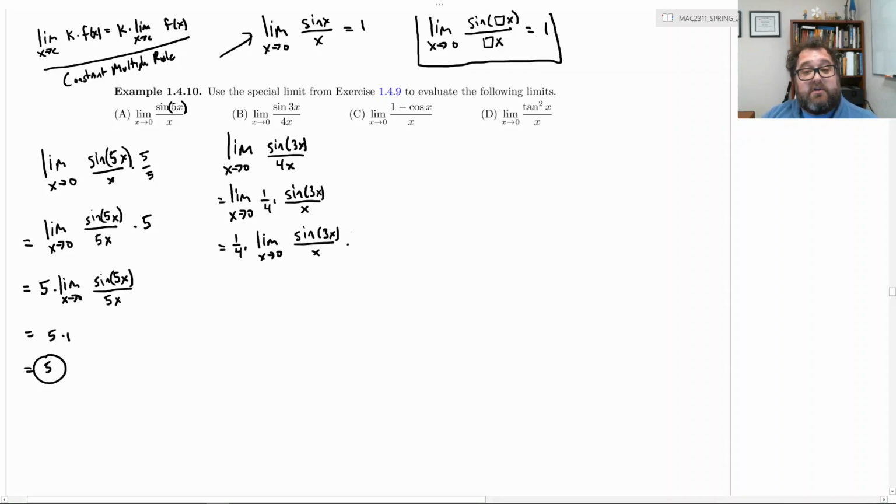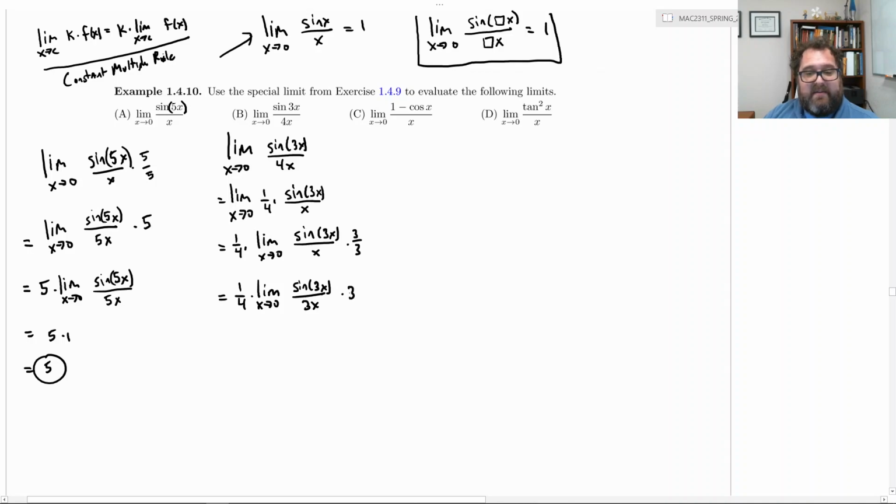Well, we strategically multiply by 1, i.e. 3 divided by 3 is equal to 1. And then that allows us on the next step to write this as sine 3x over 3x.